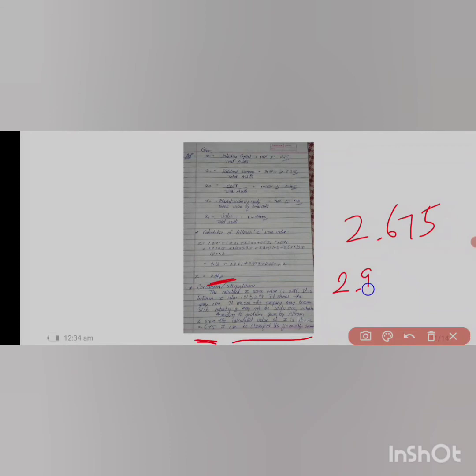2.96 is higher, right? Which means that the company is financially sound. If the calculated z value is less than 2.675, okay, that time what we can say, the company is heading towards bankruptcy.